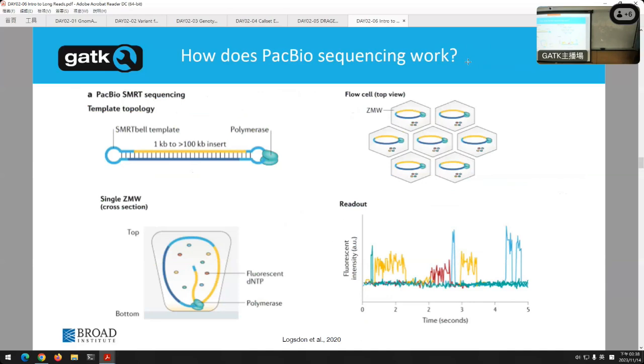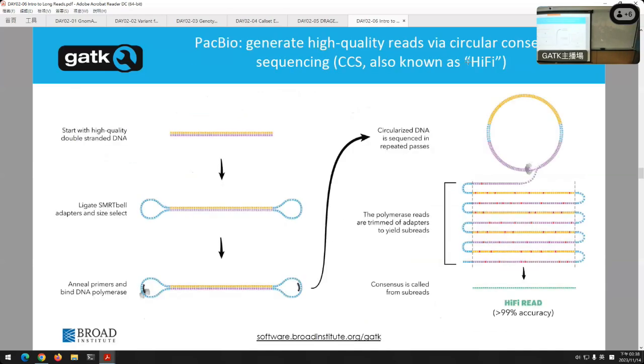Okay, so this is another image where we see again, we add these hairpin adapters and the polymerase, and it creates this circular molecule. But this one is showing that because the molecule is circular, the polymerase actually just keeps going around and around.